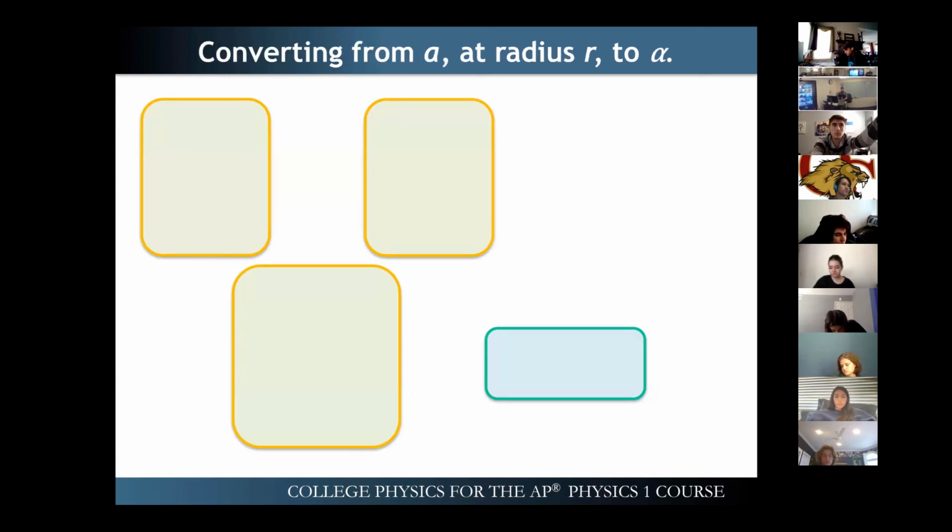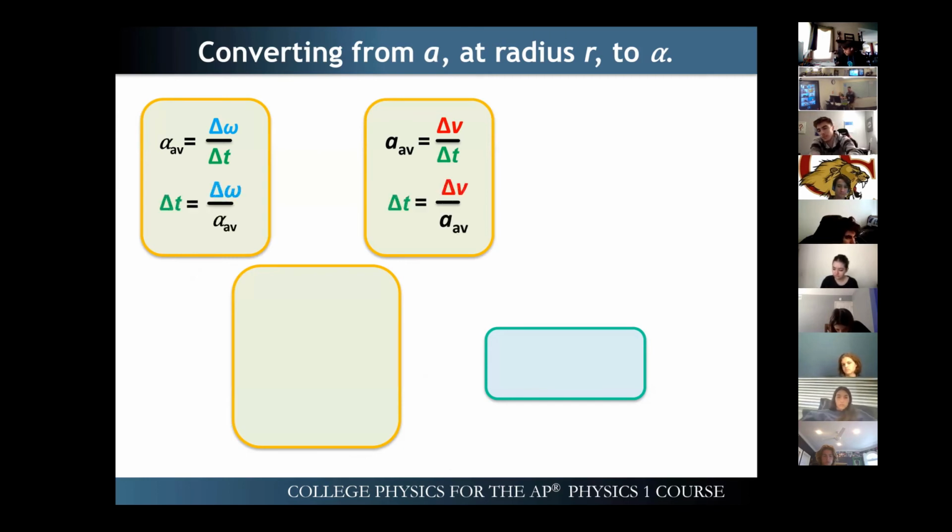All right, let's see if we can find a similar relationship between the linear and the angular versions. The angular version of acceleration is delta omega over time. The linear is delta v over time. If we're talking about a single object, it would rotate and move linearly in the same amount of time. The time can't be different if it's the same object.